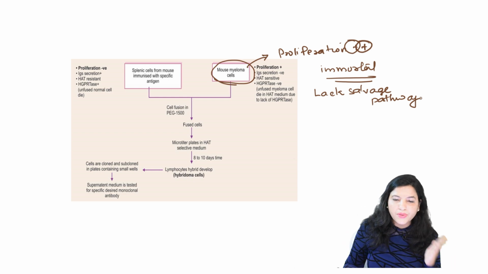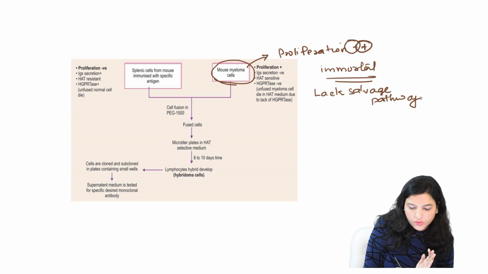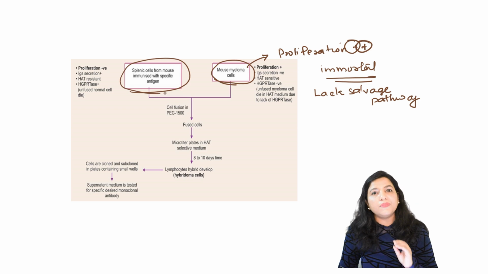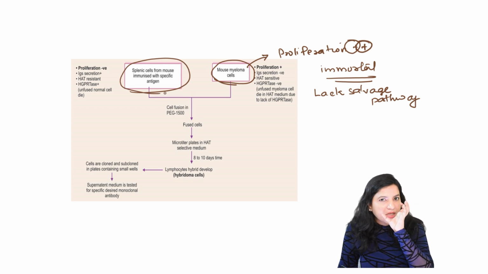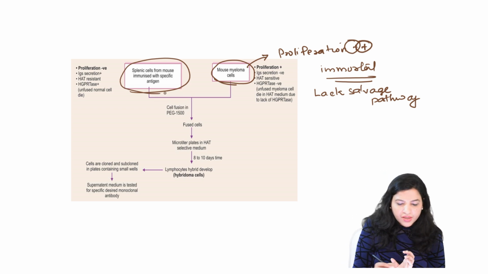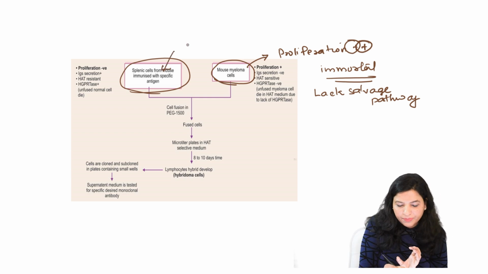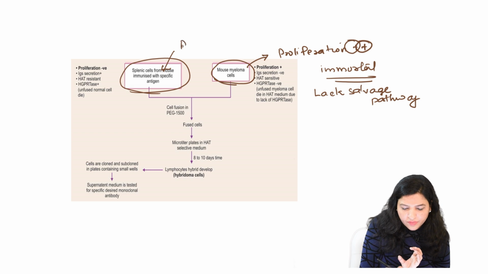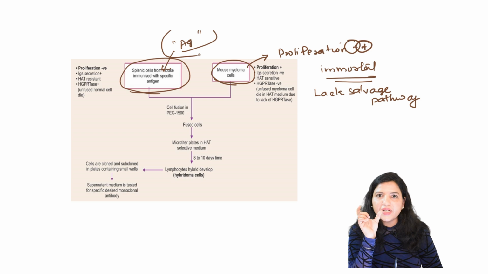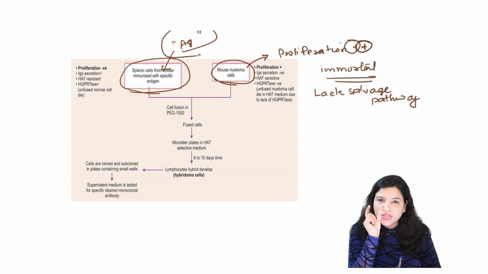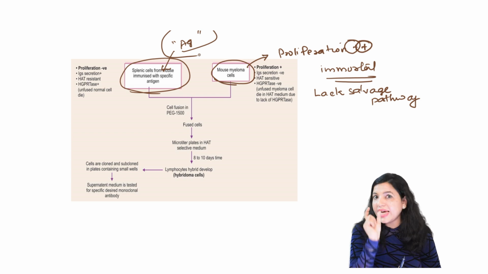Now going to the splenic cell. The second thing which is fusing with the myeloma cell is the splenic cell. What is the peculiarity of the splenic cell? That splenic mouse cell is immunized, we are injecting a particular antigen. That splenic cell is immunized with a specific antigen.